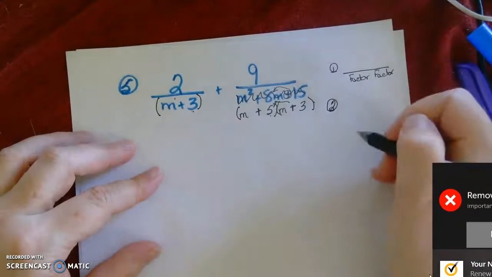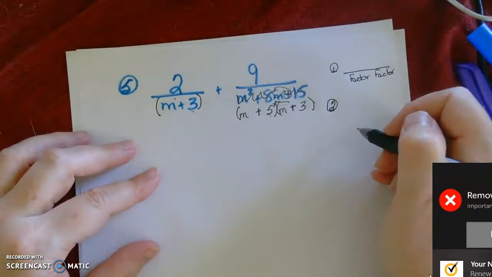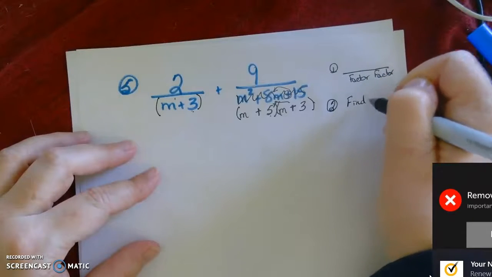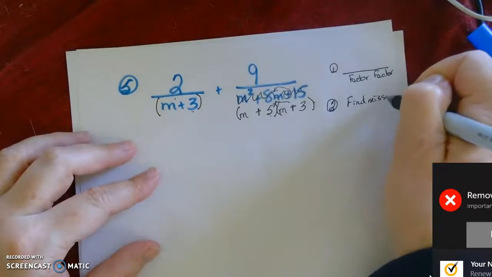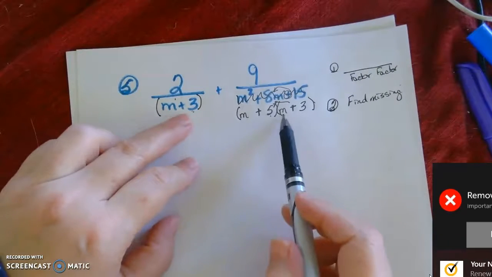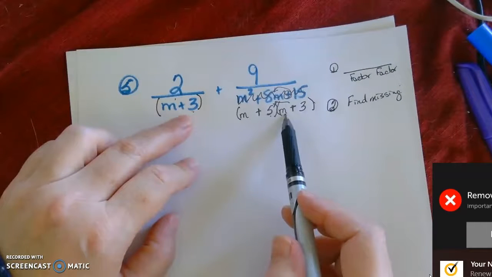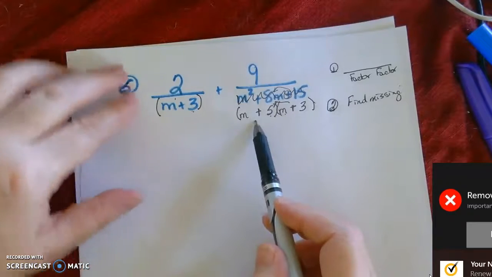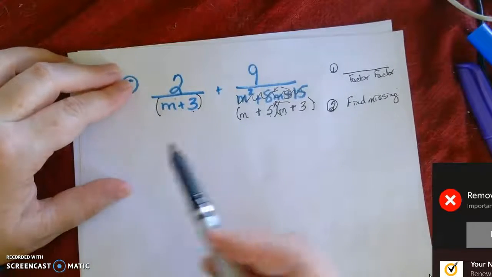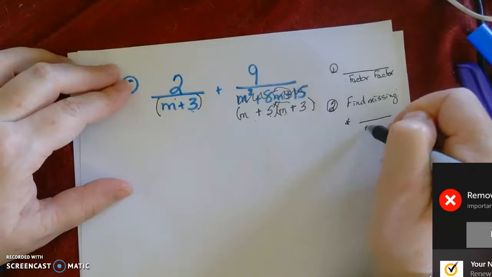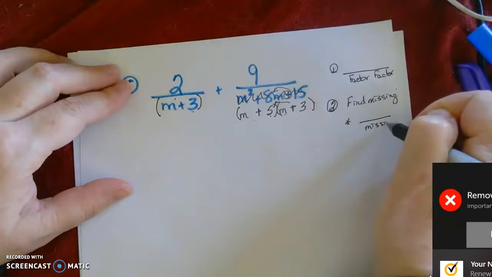Step 2. We're going to look for the missing term. Okay, so I see both of them have an m plus 3, but this one has an m plus 5, and that first fraction does not. So we need to multiply the top and the bottom by whatever's missing.